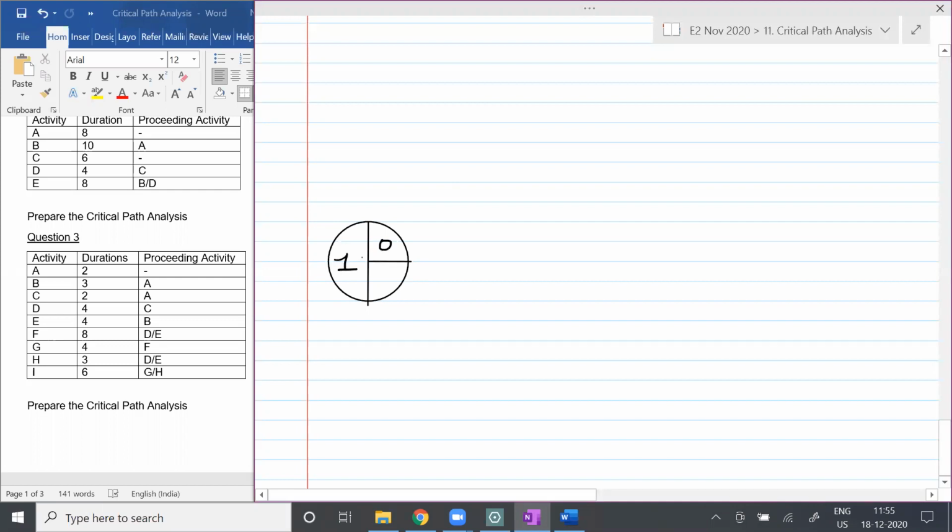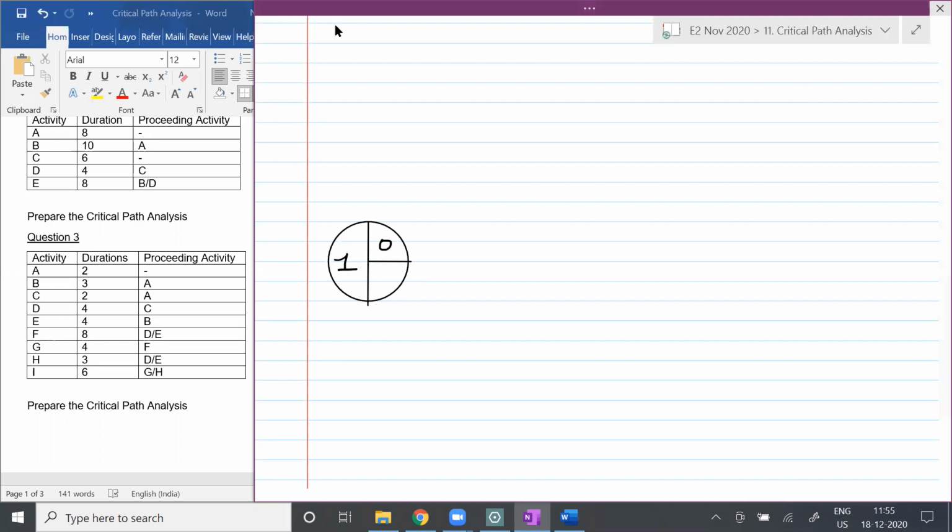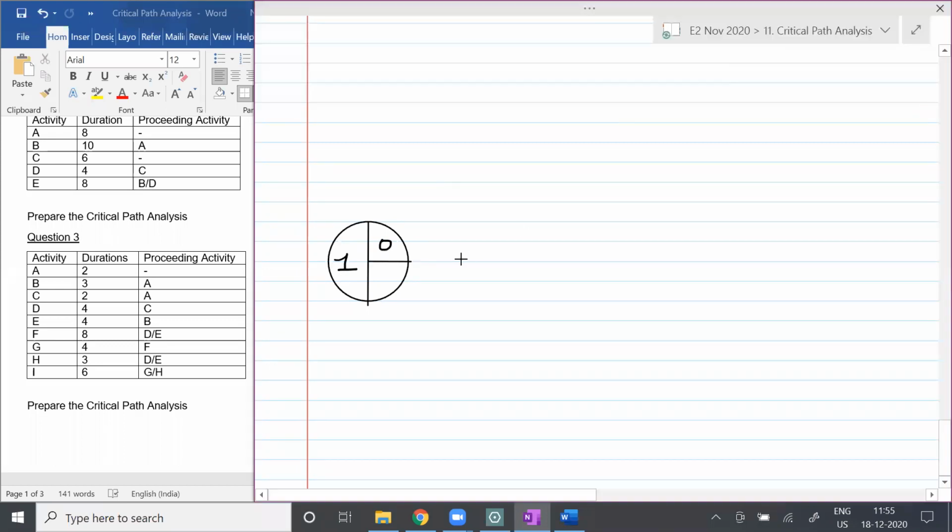Correct, no, students? So with this node, you will be eligible to complete a task called what, students? A. Agree, no, students? And A will be taking a duration of how many days, students? 2 days. Is that fine, students?